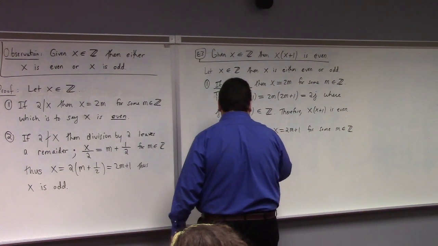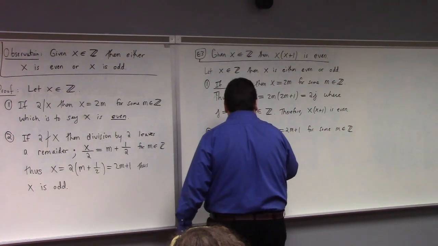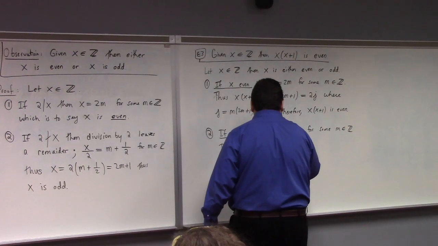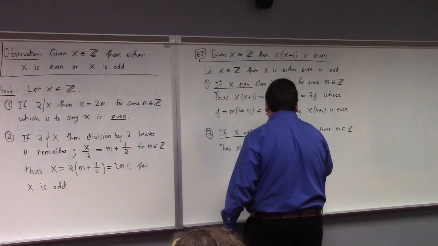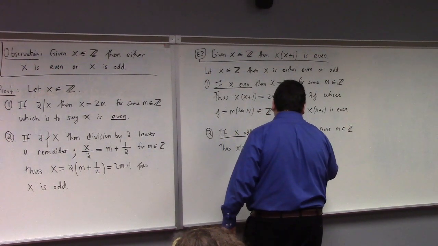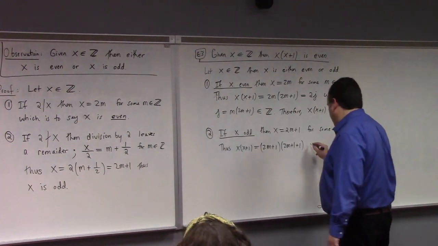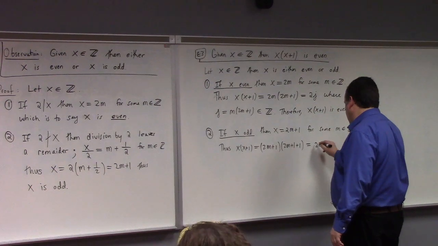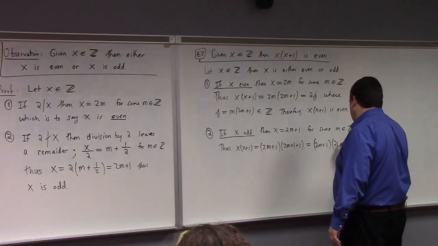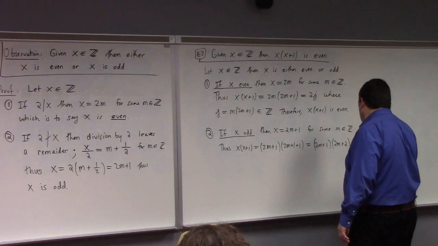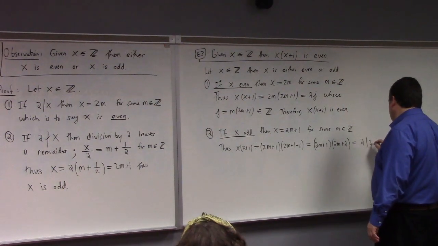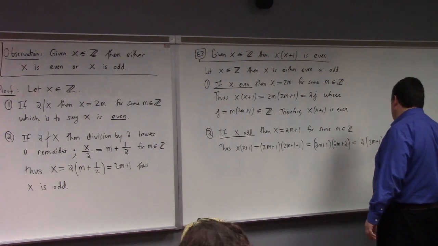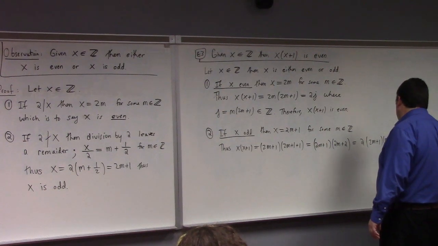Thus, x times x plus 1 is equal to 2m plus 1 times 2m plus 1 plus 1, which is equal to 2m plus 1 times 2m plus 2. We can factor the 2 out: 2 times 2m plus 1 times m plus 1.